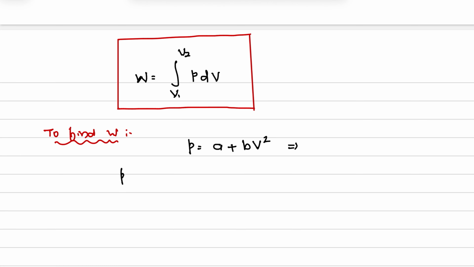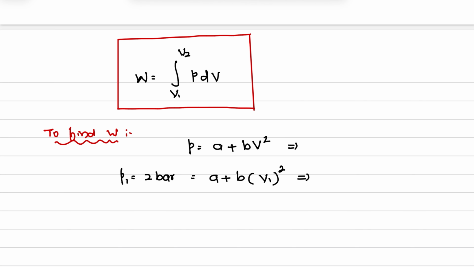P1 is 2 bar. That is equal to A plus B into V1 square.